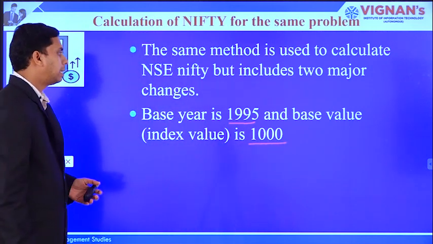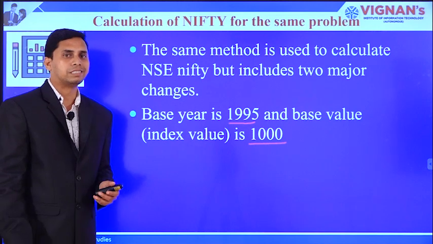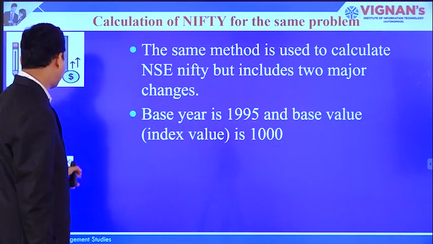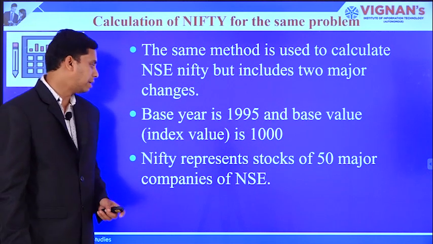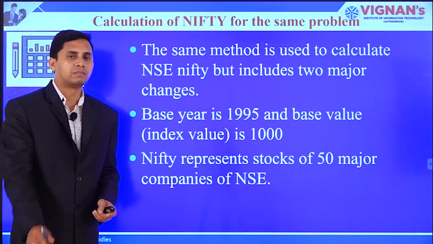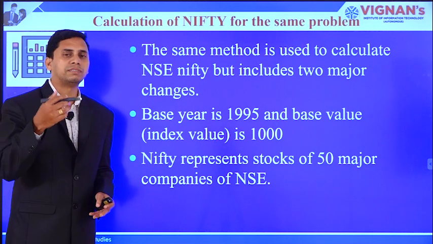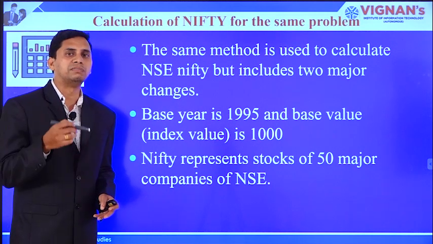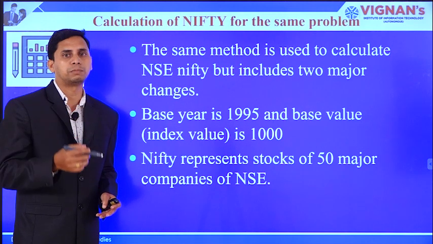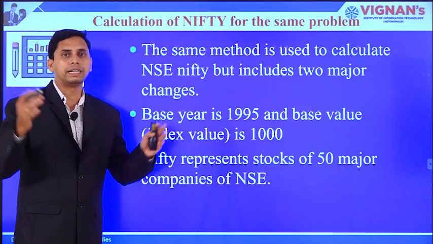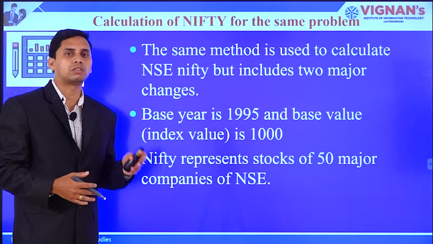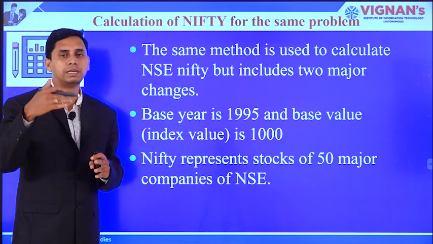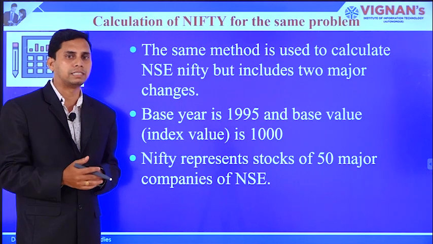So, base year and the base value are changed here, and Nifty represents the 50 major companies of NSE. Of course, for the calculation of Nifty, we would consider the 50 best performers in various industries. As I told you earlier, criteria for considering the stocks into calculation of major index values like Nifty and Sensex.